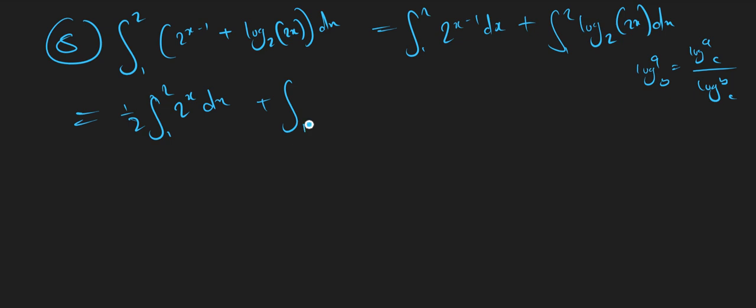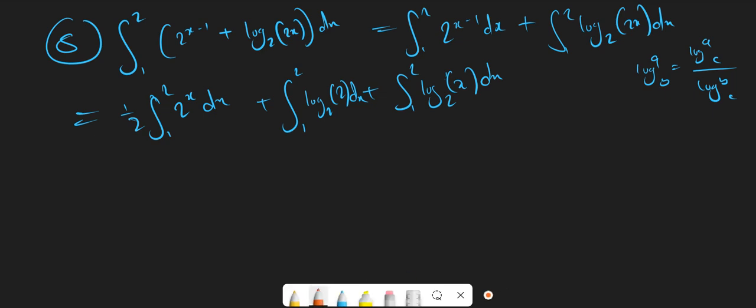We can write it as the integral from 1 to 2 of logarithm to base 2 of 2, plus the integral from 1 to 2 of logarithm to base 2 of x, dx.